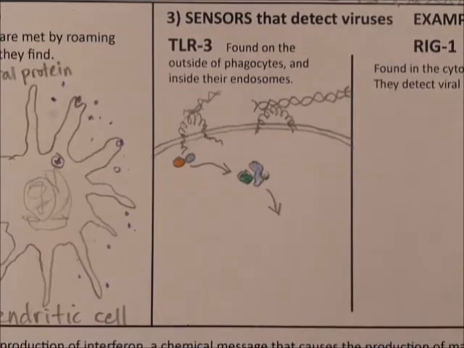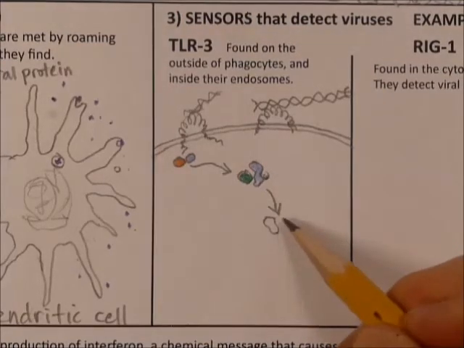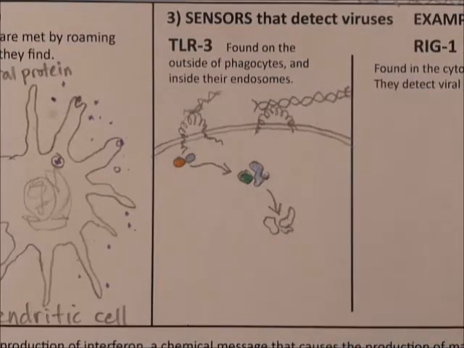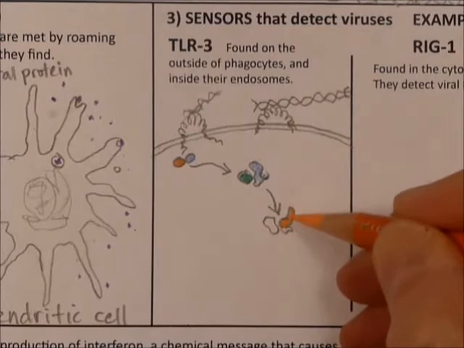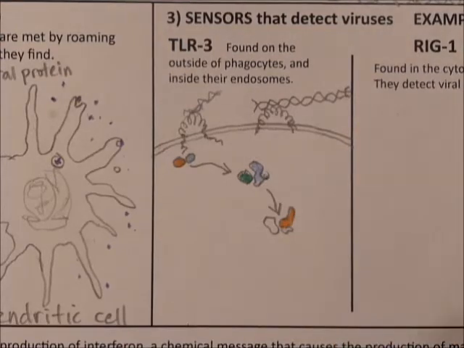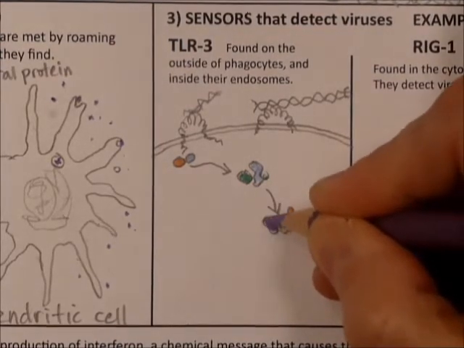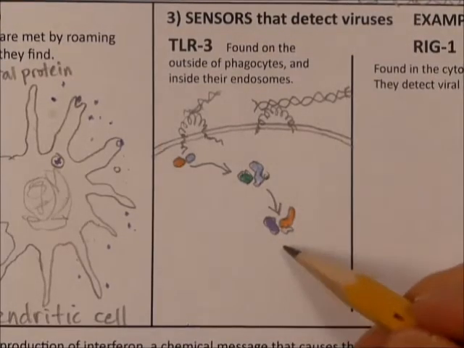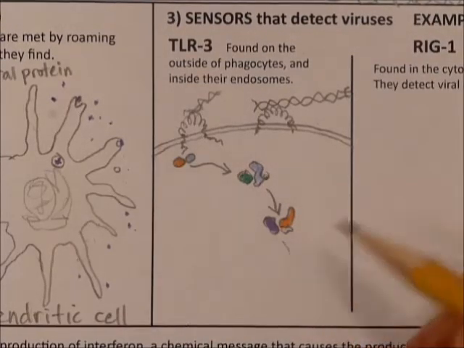They're going to go affect a whole different set here. So you get like a chain reaction going. And they're going to affect these down here. And finally, the end result will be that a protein will go into the nucleus.